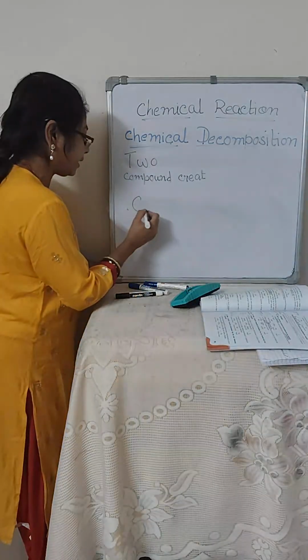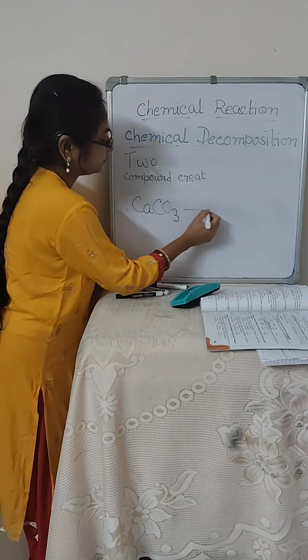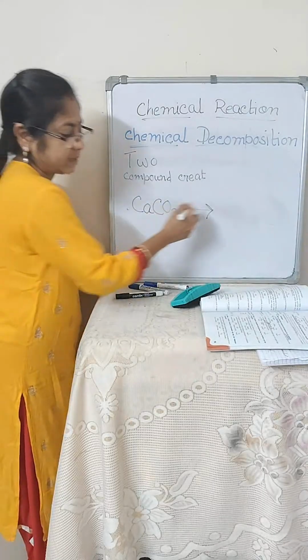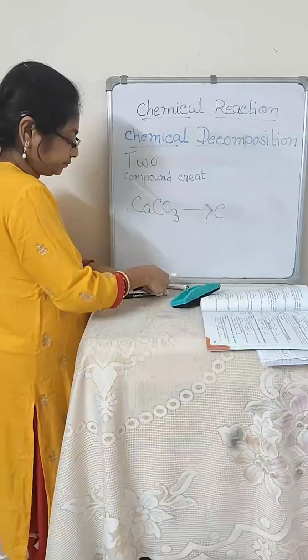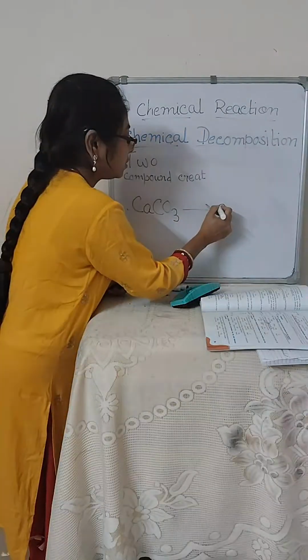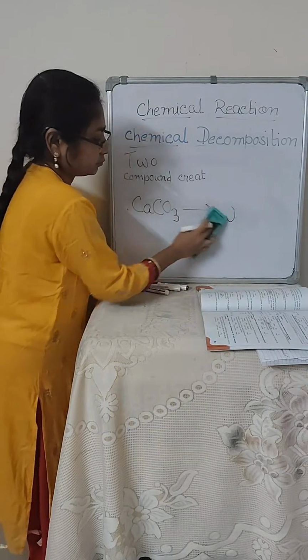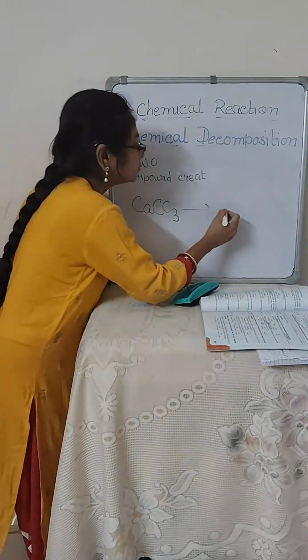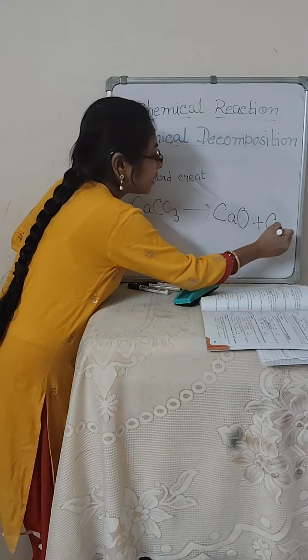Calcium carbonate, CaCO3. Its breakdown: CaO, calcium oxide, plus carbon dioxide.